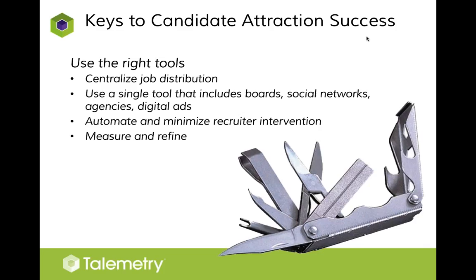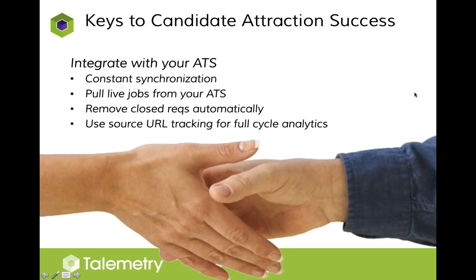So if you can use a single tool that includes maybe boards, social networks, agencies, digital ads, maybe that same tool has to be used to push it into some specialty avenues that you use. Maybe you use a special employee referral avenue or a special campus recruiting avenue, but your distribution tool is still sending it into those places so that you're able to automate that, minimize the overhead for a recruiter, but most importantly, that you can measure everything and refine your tactics based on that measurement. So I think it's really important to have that centralized job distribution.